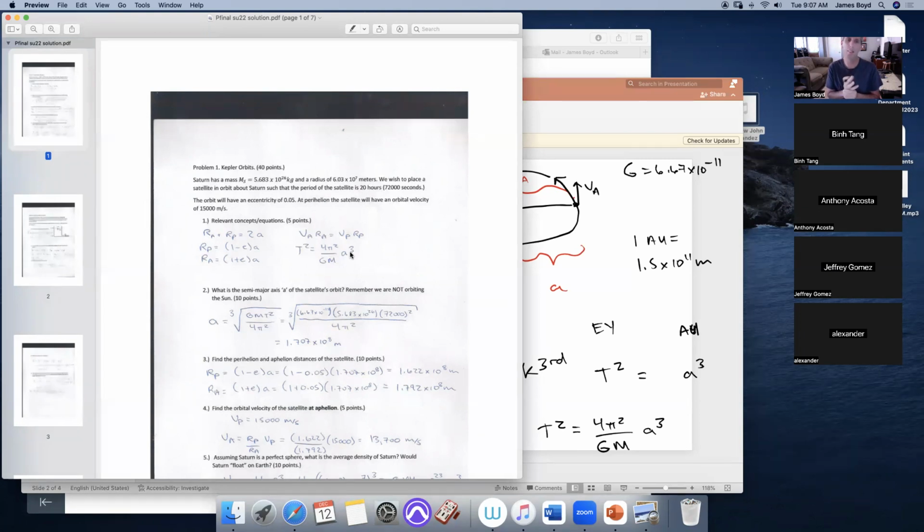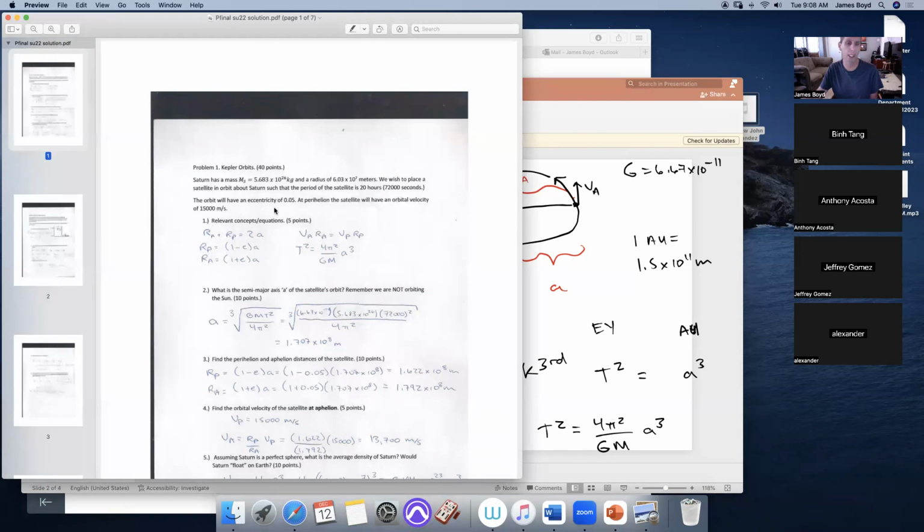So here we have Saturn, and I've given you the mass and the radius of Saturn. We want to place a satellite in orbit so that the period is 20 hours, otherwise known as 72,000 seconds. You're given the eccentricity and the orbital velocity at perihelion.